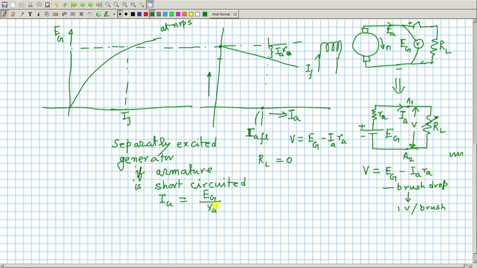Armature resistance, which is very small, so that I A short circuit will be very large.